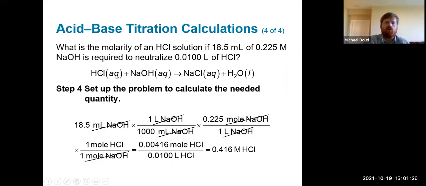We know that we use 1 mole of HCl for every 1 mole of NaOH from our balanced chemical equation here. That gives us 0.00416 moles of HCl. We know that's what was in the flask when we did the reaction. If we divide that by our volume in liters, 0.0100 liters of HCl, then we get our concentration of 0.416 molar HCl.